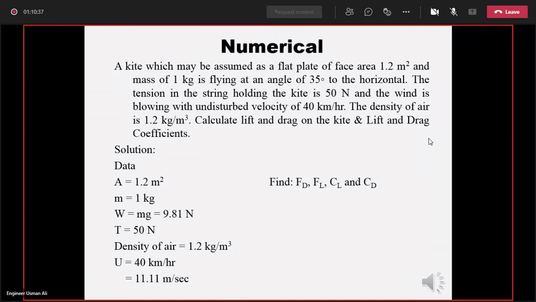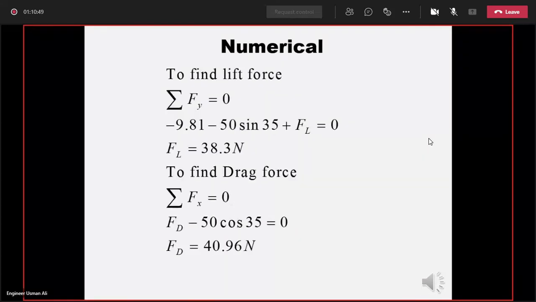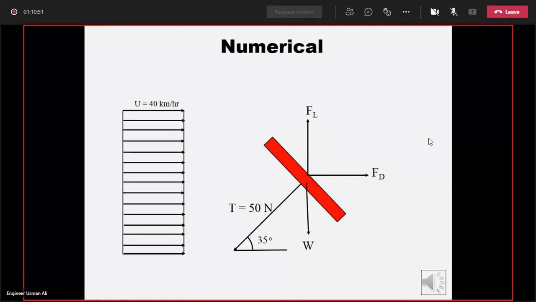Now let us find the lift and drag force. By definition, lift is the algebraic sum of all the forces acting in the direction normal to the flow. This is the flow direction, and normal to it is the y-axis, in this case.